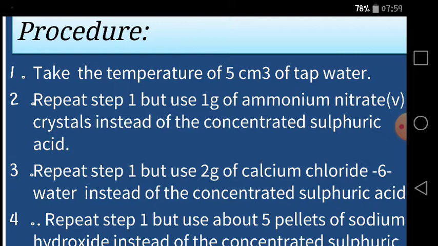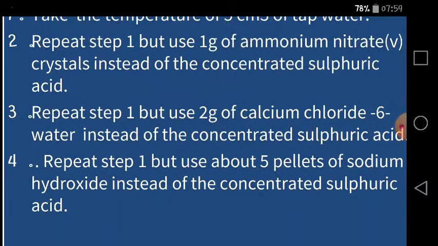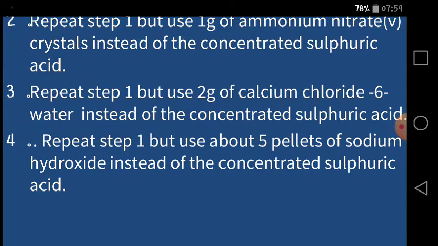Step 2: repeat step 1 but use 1 gram of ammonium nitrate crystals instead of the concentrated sulfuric acid. Step 3: repeat step 1 but use 2 grams of calcium chloride hexahydrate instead of the concentrated sulfuric acid. Step 4: repeat step 1 but use about 5 pellets of sodium hydroxide instead of the concentrated sulfuric acid.